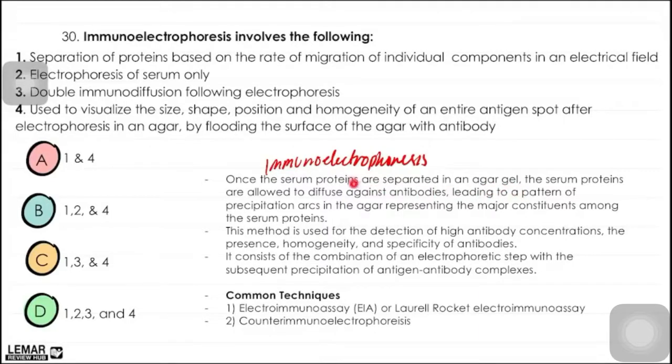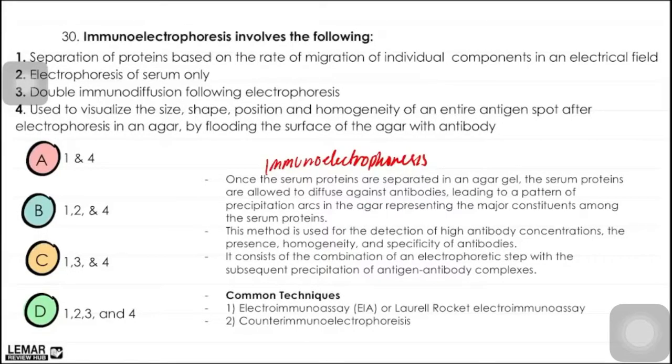Okay, take note, pwede tayong gumamit ng other than serum. We can also use urine. You can also use CSF. So these serum proteins are separated in an agar gel, and are allowed to diffuse against antibodies, leading to formation of a pattern.